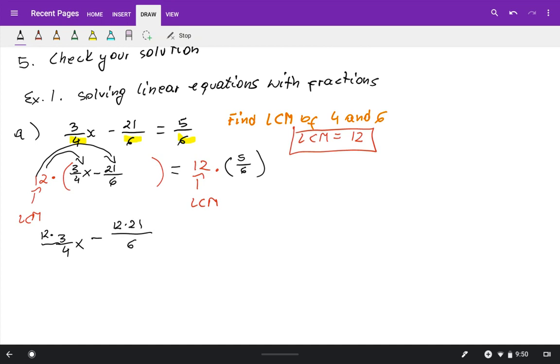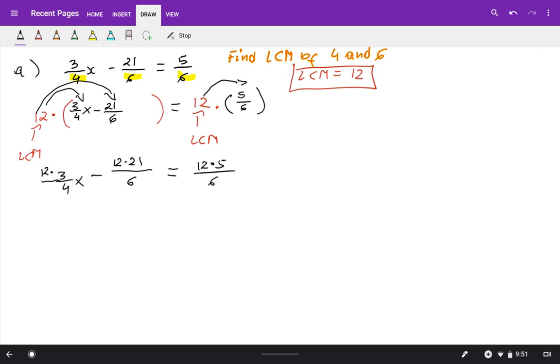Equals, the same thing, 12 times 5 over 6. Next you want to reduce your fractions. 12 divided by 4 gives 3, so 3 times 3 is 9x, minus 12 divided by 6 gives 2, so 2 times 21 is 42, equals 12 divided by 6 which is 2, and 2 times 5 gives us 10.